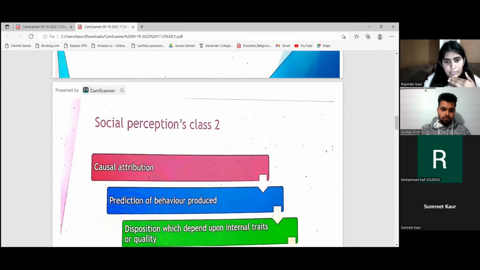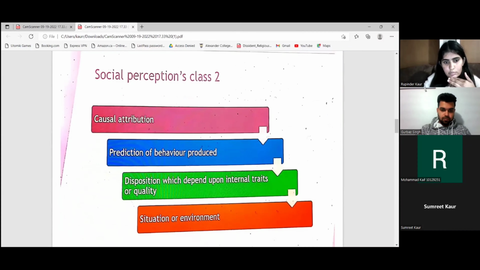Next slide, social perception classes, like causal attribution, in which we can predict behavior of a person on the basis of emotions and feelings presented by the person through their facial expressions. We can predict behavior according to the disposition, which represents internal traits or qualities of a person, like whether the person has the capacity or capability to do the work or not.